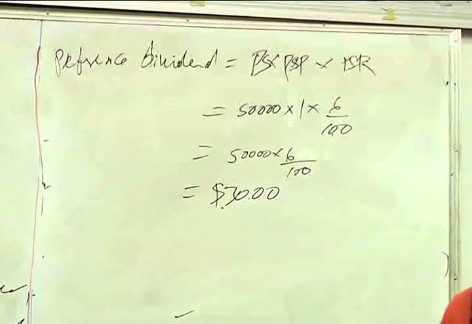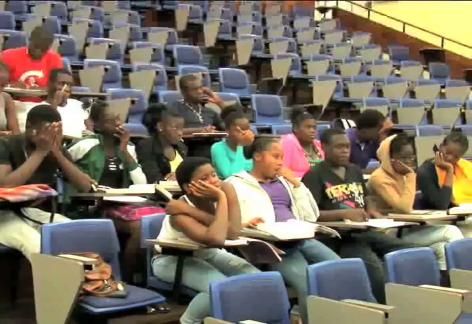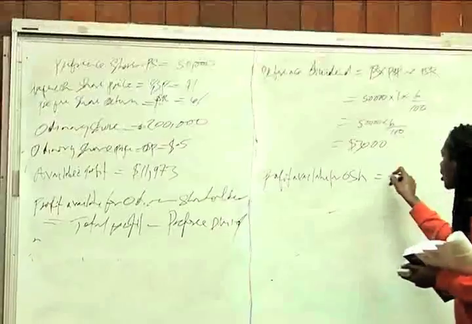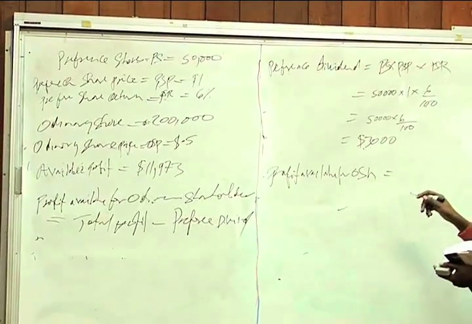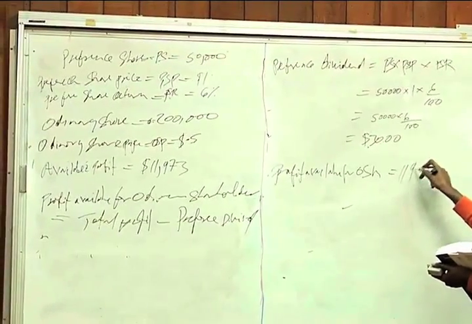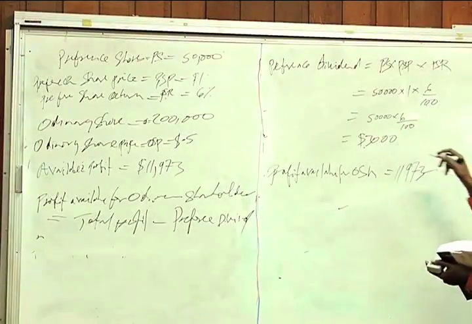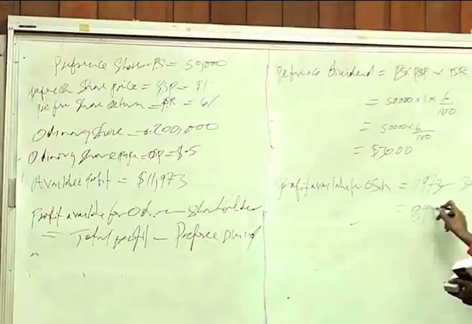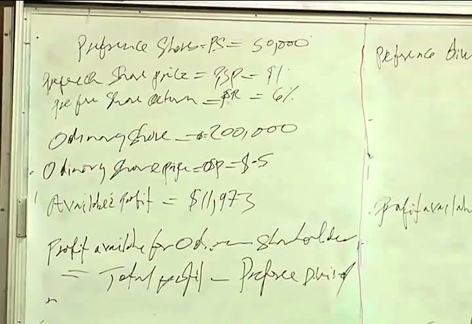Everybody see that? So therefore, profit available for ordinary shareholders equals total profit. How much is total profit, or available profit? 11,973 minus preference dividend of 3,000 equals 8,973.